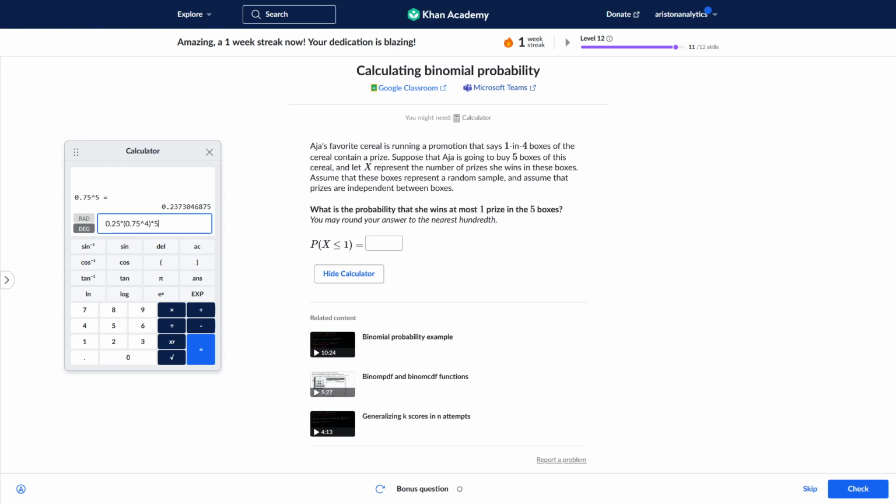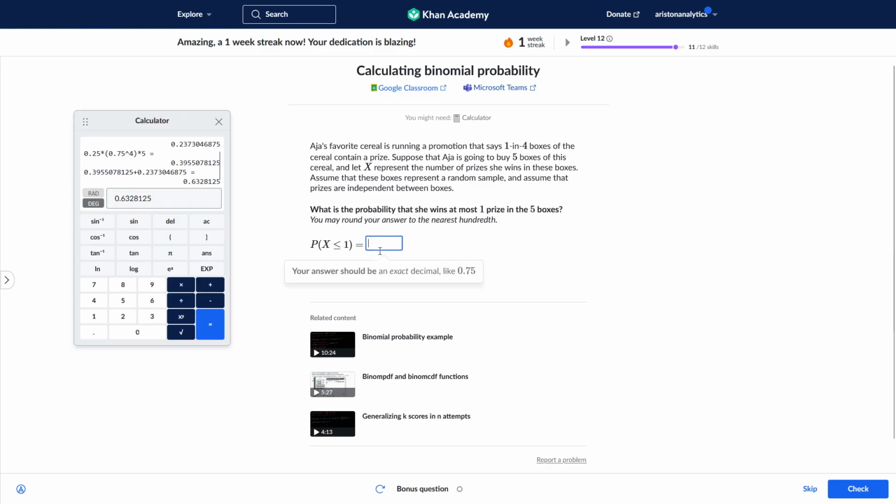Let's see. Okay, 0.25, one prize, four fails, five ways to rearrange, one within five, relation trials of five. Okay. 0.63. Easy. Boom. Okay.